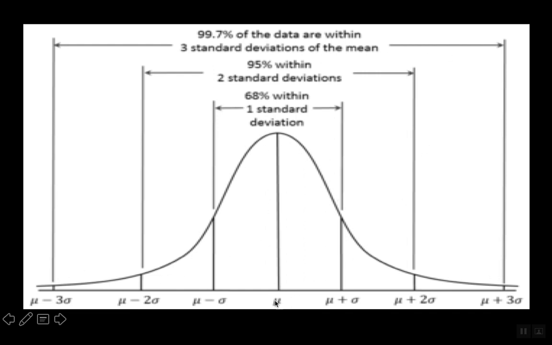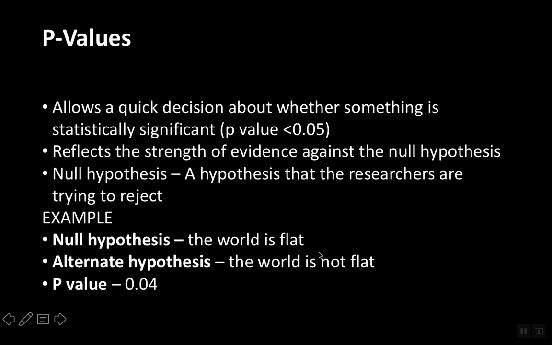Now here, based on the standard deviation that you calculate, you could go, let's say, one standard deviation away from the mean, or two standard deviations away from the mean. This is the mean, by the way, sorry, not the standard deviation. And as you can see, as the standard deviation increases, you're going further away from the mean in the middle.